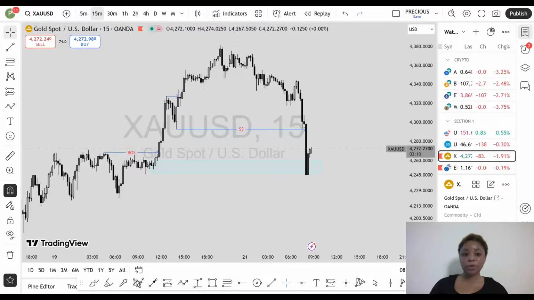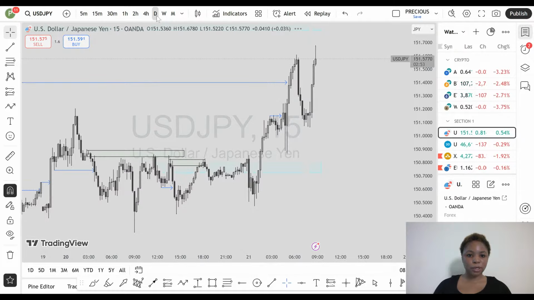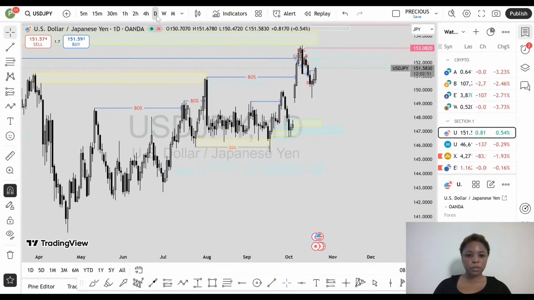Okay, Samuel, that is why the higher time frame is your best friend. The higher time frame helps you differentiate between the noise in the market. For example, now let's go to USDJPY, and let's go to the higher time frame. So this is the daily time frame, right?